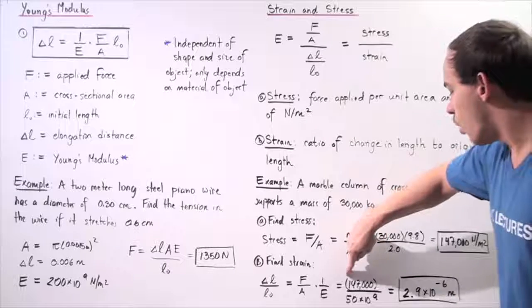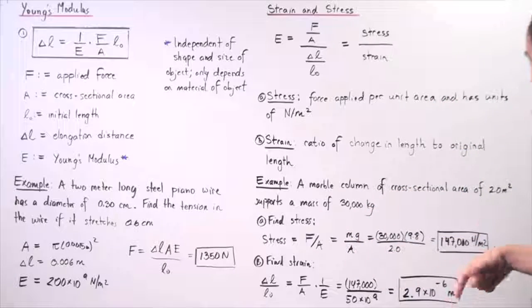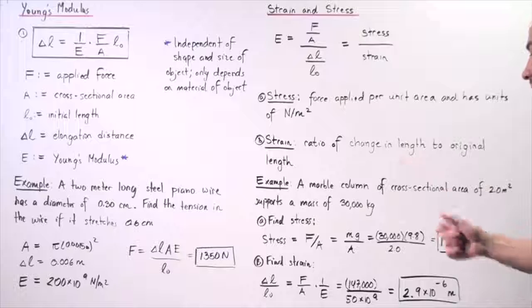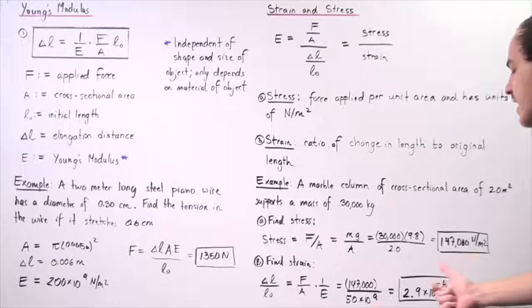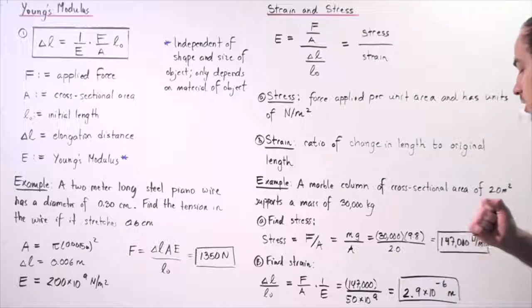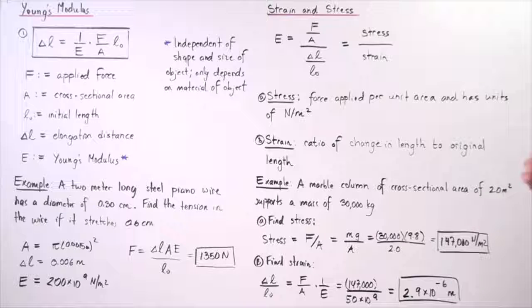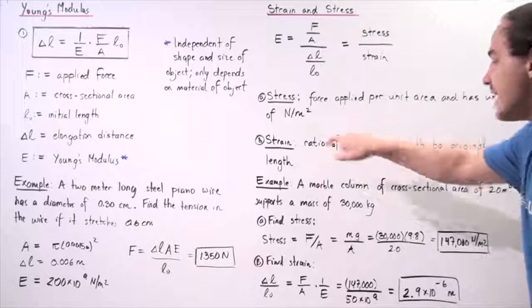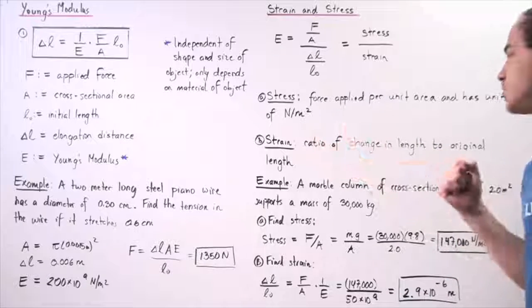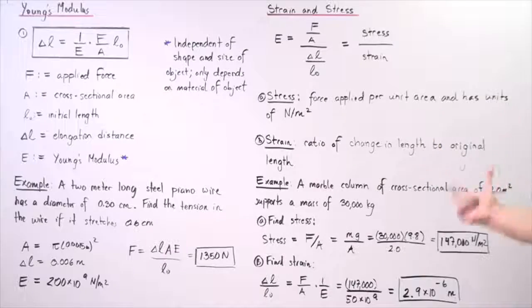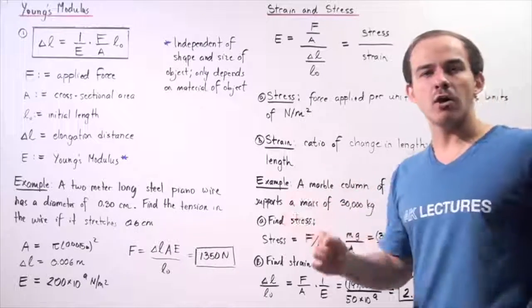So we take 147,000, the quantity we got from part A, our stress, and divide that by Young's modulus for marble, and we get 2.9 times 10 to the negative 6 meters. So this is our strain of the object. It's the ratio of the change in length to the original length of our object.